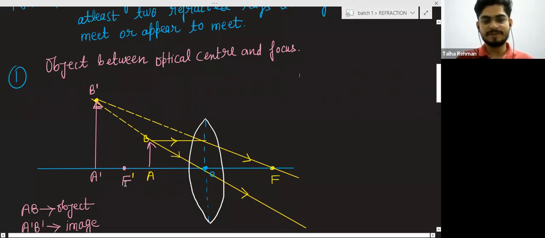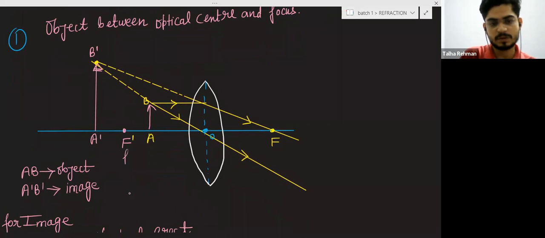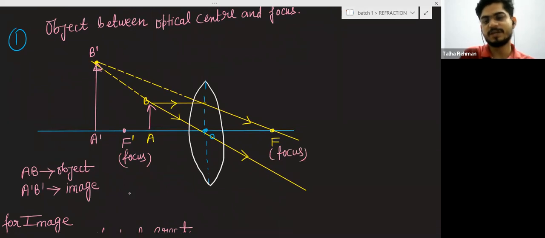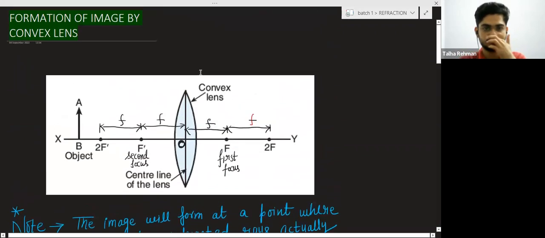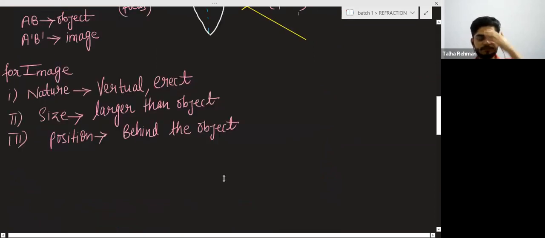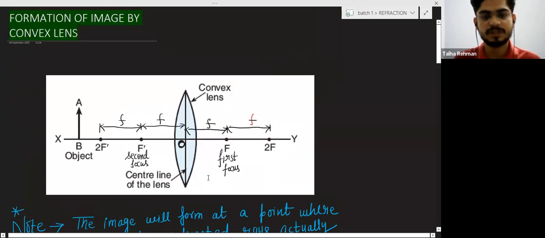This F dash is the focus, and this is also a focus. You can name it second focus or first focus. All of you just copy this, and if anyone of you has a doubt, then please ask me. Please copy all these things.